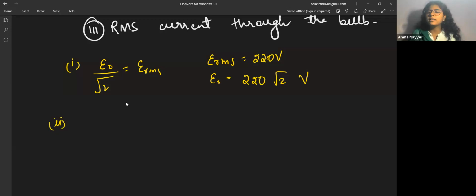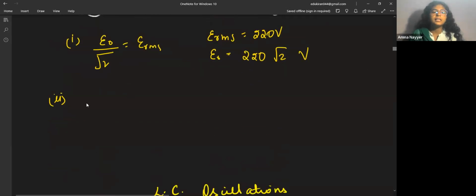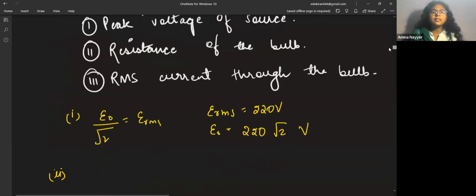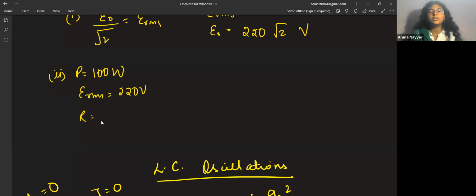Coming to the second part, resistance. But see, power is already given as 100 watt, and ERMS is given as 220 volt. You have to find out resistance. If you remember in current electricity, we did this formula, P is equal to V square by R. So just convert, instead of V, write ERMS.